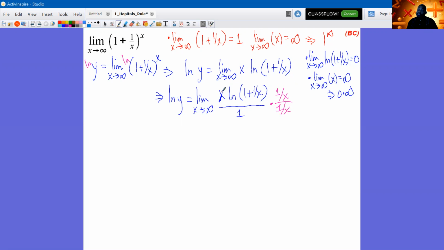I want to cancel out this x. So if you divide this by x, then you have to divide your denominator by x, which is the same as multiplying by 1 over x and 1 over x.